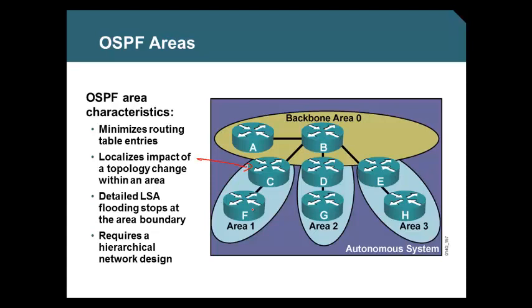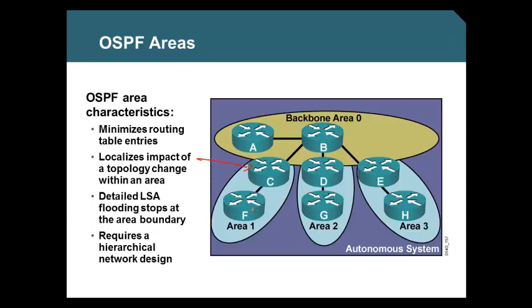As a result, in area 2 and area 3, the routes of area 1 are not going to consume much of the routing table. Minimizes routing table entries. That's the first point. Because C advertises only the summary of all the routes seen in area 1.